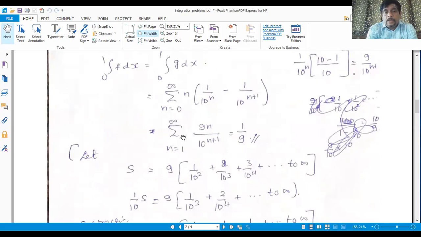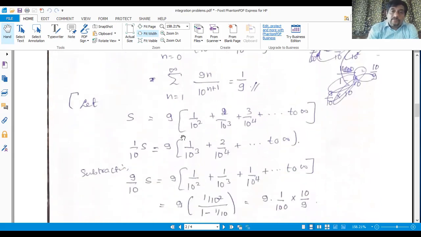You get this one. How to solve this one? We can solve it directly.